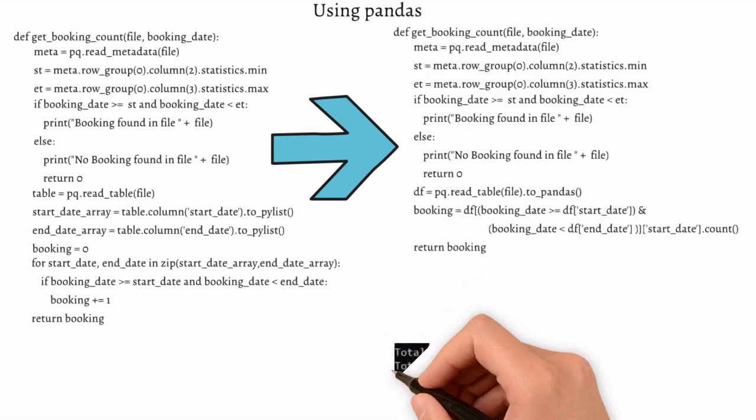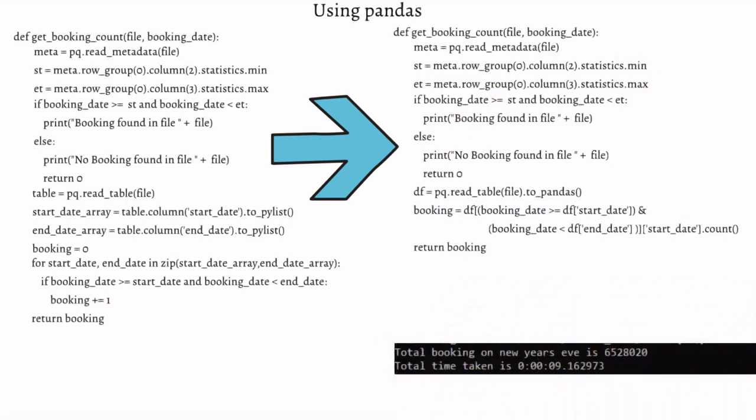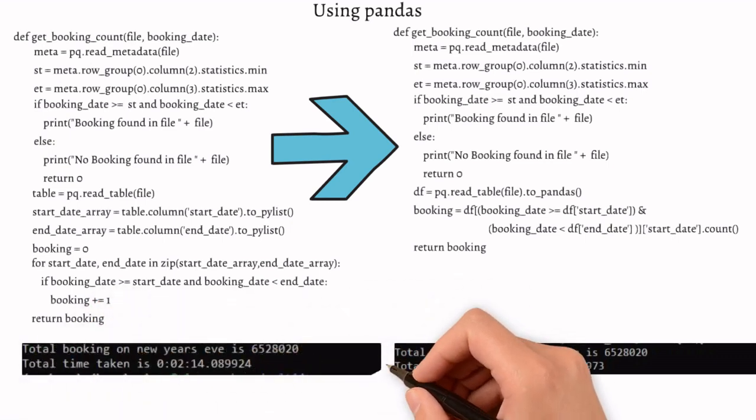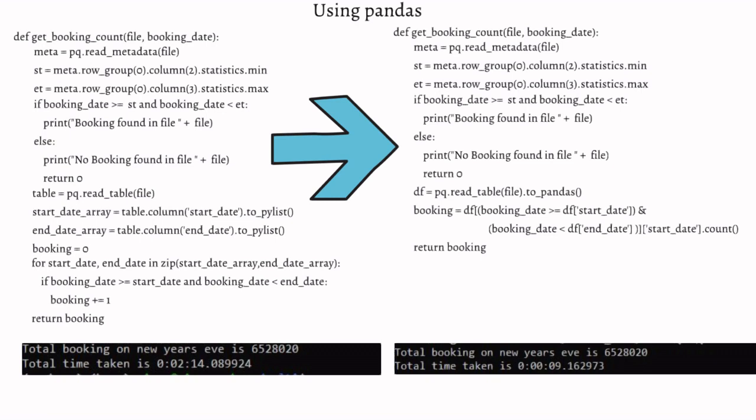Later we take the count and return the booking. Total booking is the same, 6528020, but the time taken is 9 seconds, which is 14 times faster than version 3 and 3568 times faster than version 1.